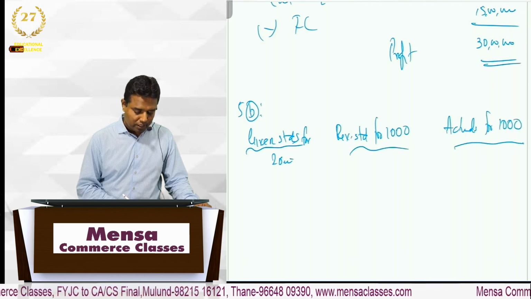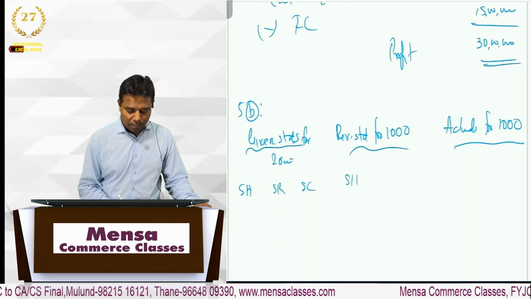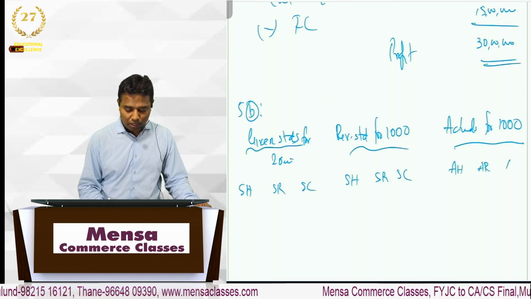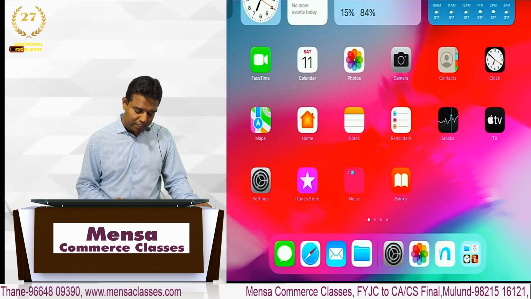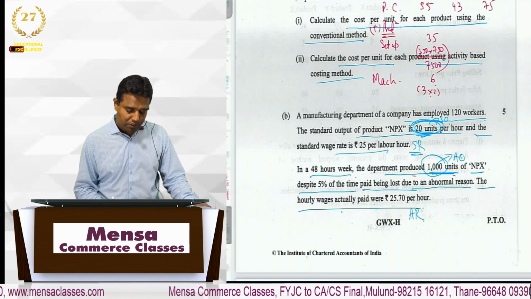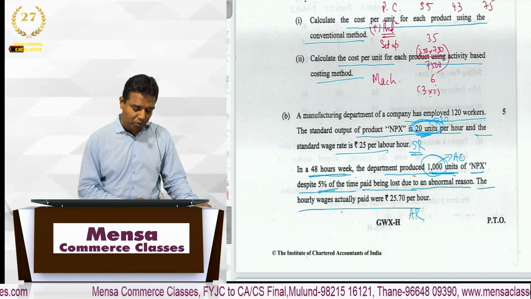So we'll get the standard hours, standard rate, standard cost, actual hours, actual rate, actual cost. I think the actual hours are given to us. We can fill that, easy one. They are saying 1000 units, 48 hours a week, 5% lost, 25.7.